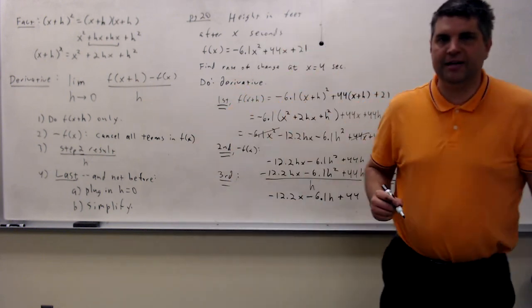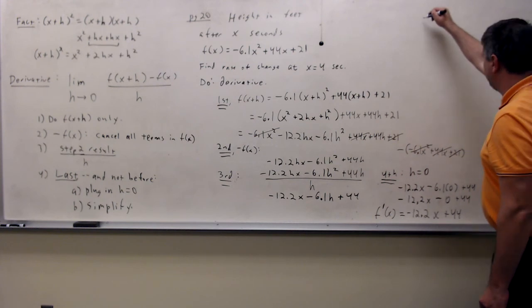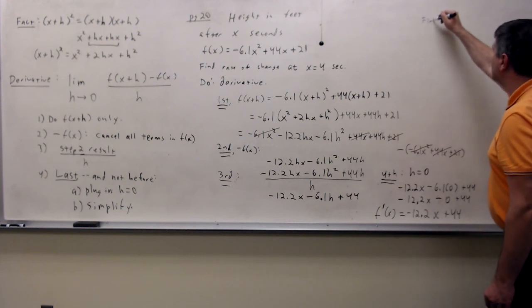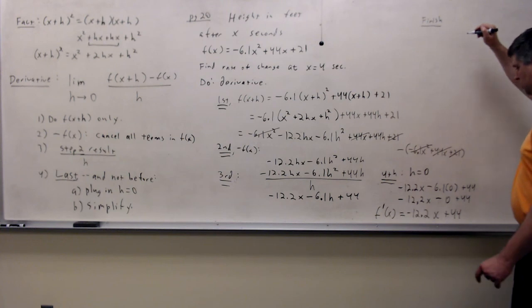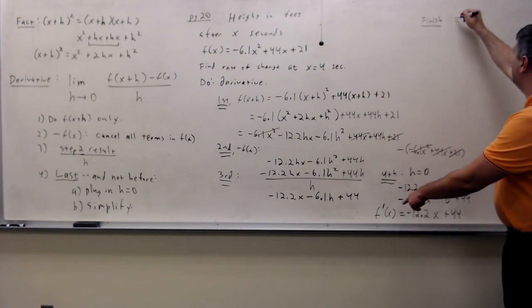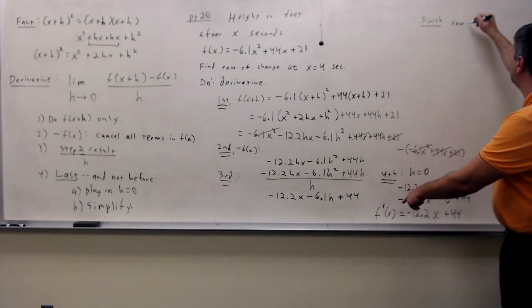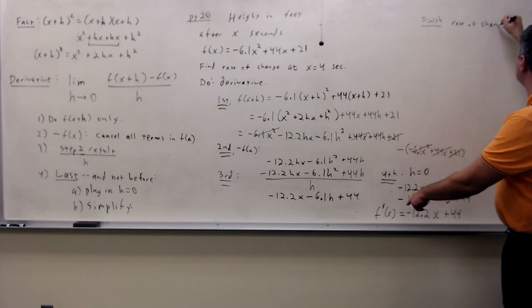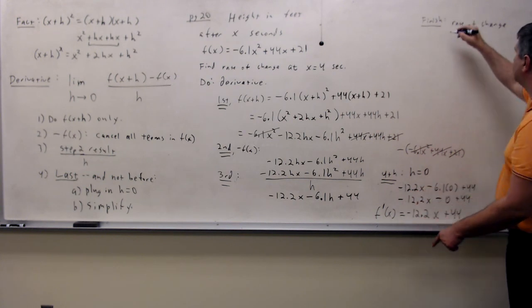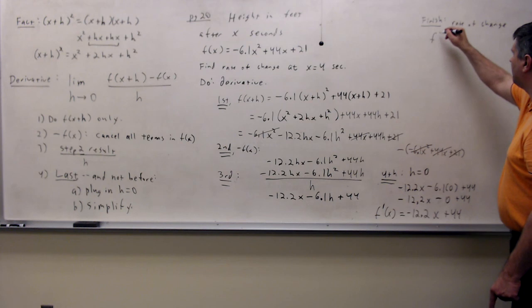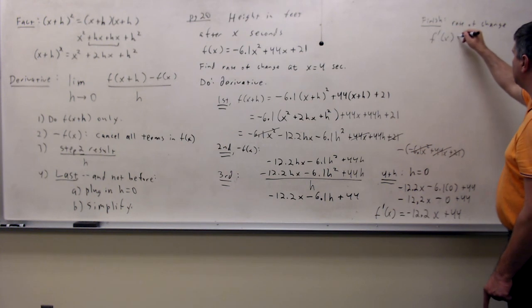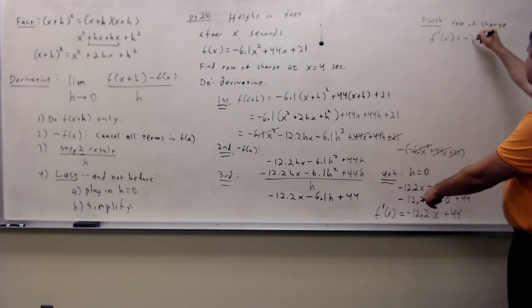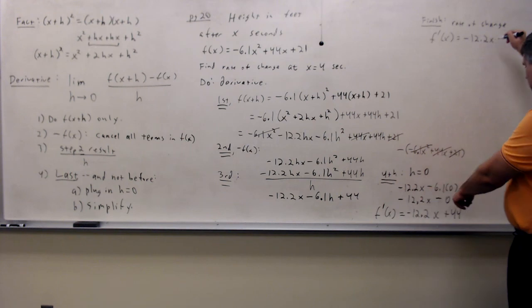Okay? And I'm going to finish the job up here. Finish. Rate of change is f prime of x equals negative 12.2x plus 44.